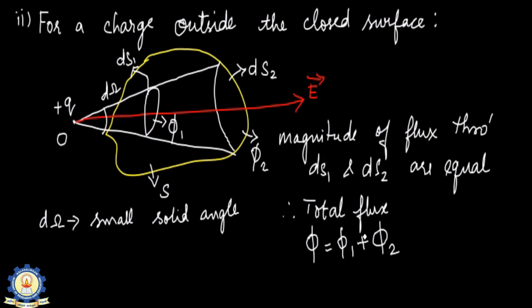From the diagram, as we said that ds1 experiences an inward flux, we can write the equation as phi is equal to minus q by 4 pi epsilon naught d omega, which is the solid angle, plus q by 4 pi epsilon naught into d omega. So both cancel out and we get the answer as 0.